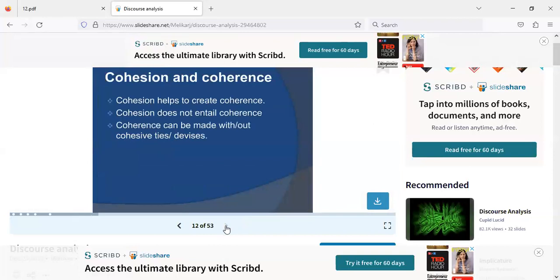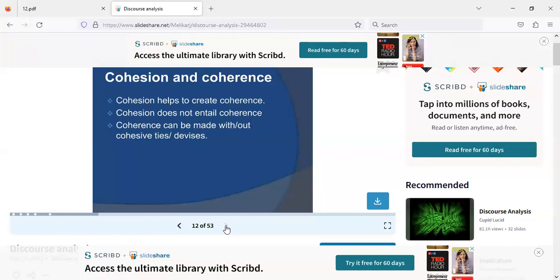So with this coherence, it would be easy for us to interpret, right? Cohesion helps to create coherence. Cohesion does not entail coherence, right? Coherence can be made with or without cohesive devices also. Cohesion means the connection of ideas at the sentence or structure level. Coherence means the connection of ideas at the idea level. So cohesion helps to create coherence.